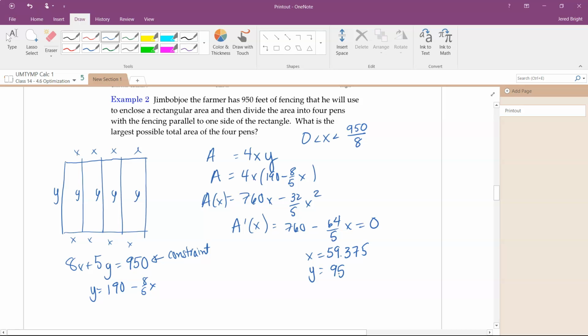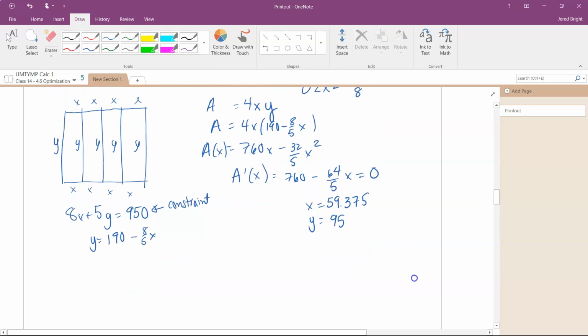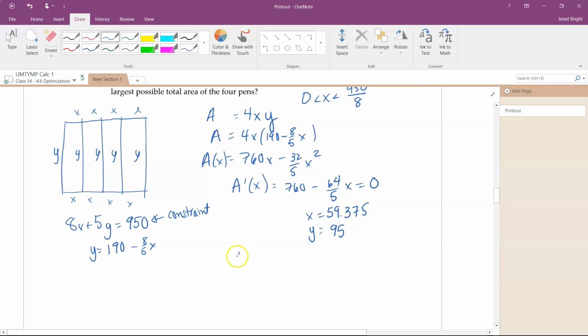But like I said, this is not enough. You need to verify that this is indeed a maximum. So in this case, I would do the second derivative test once again, and you just get minus 64 over 5, which is less than 0, which automatically means that you have a local max at x equal to 59.375 by the second derivative test.